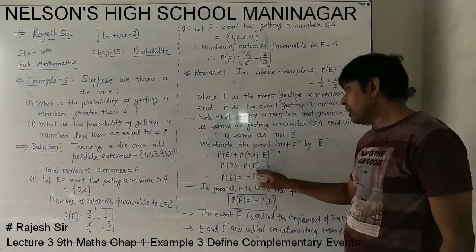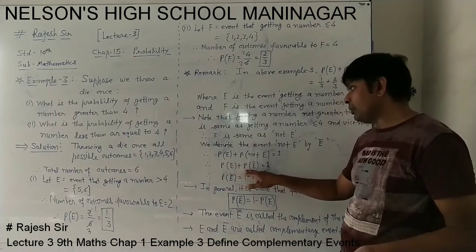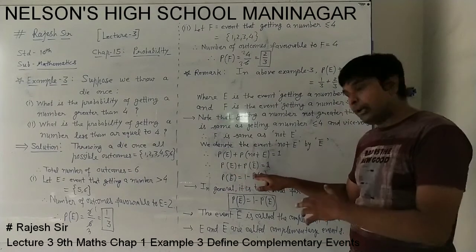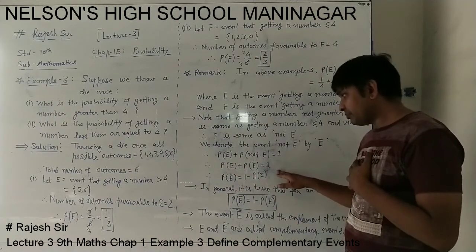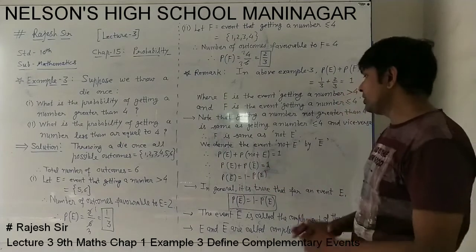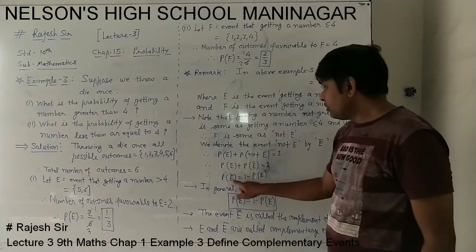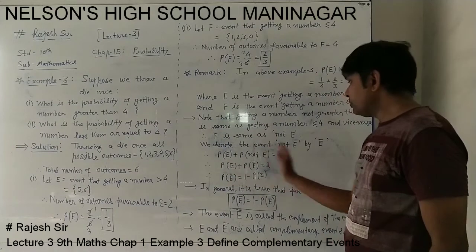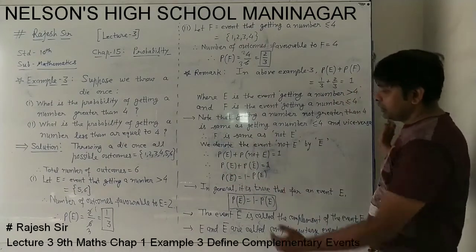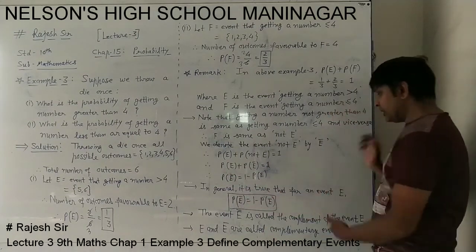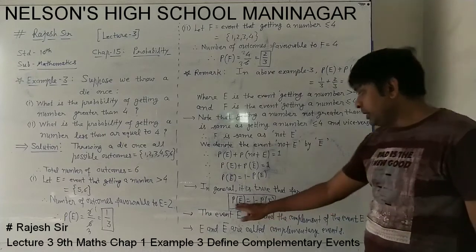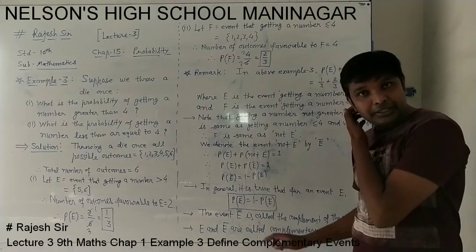So P(E) plus P(E bar), the probability of the event plus the probability of the event not happening, equals 1. From here mathematically you can understand P(E bar) equals 1 minus P(E). In general, it is true that for any event E, P(E bar) equals 1 minus P(E).